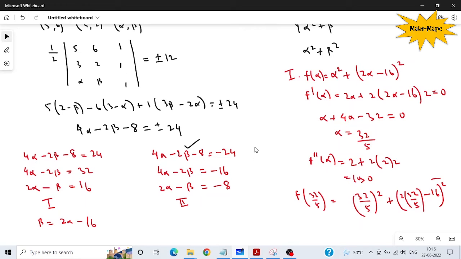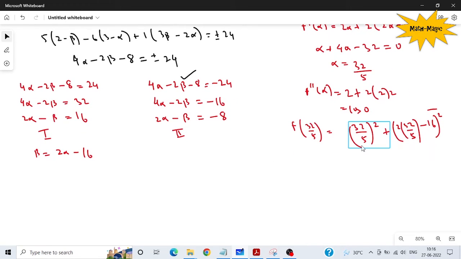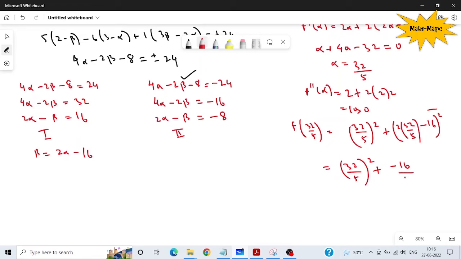So now this is equal to, we can just simplify. It's (32 by 5) the whole squared plus, and here we get 16 fives are 80, so we get minus 16 by 5 the whole squared.